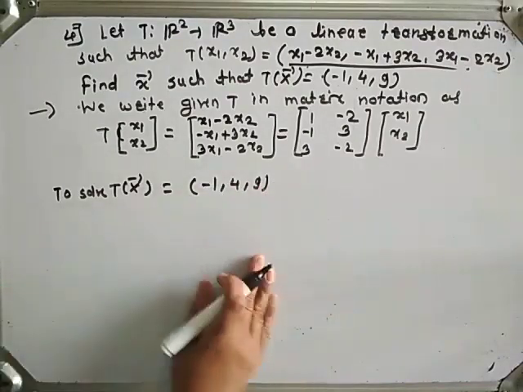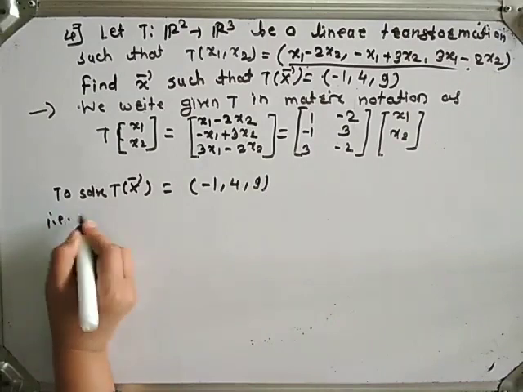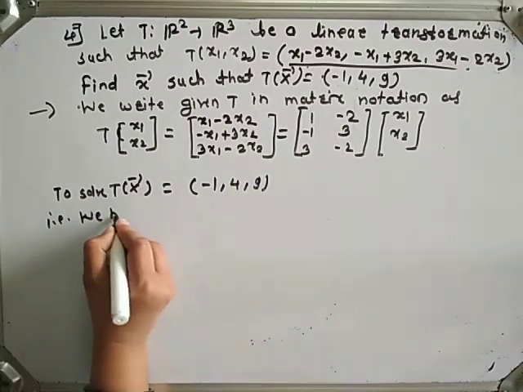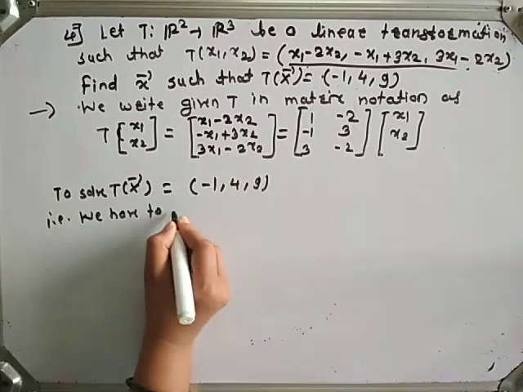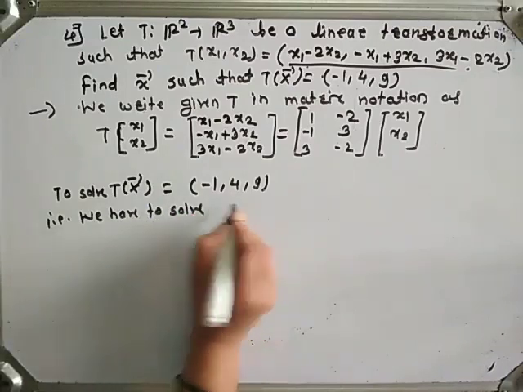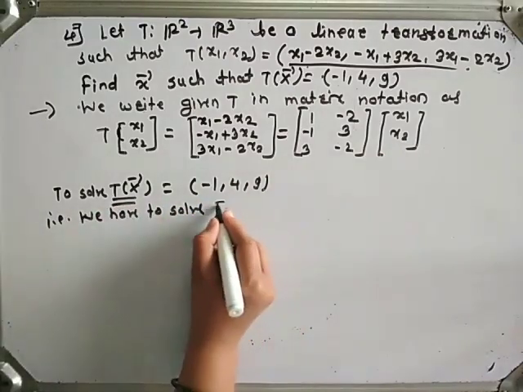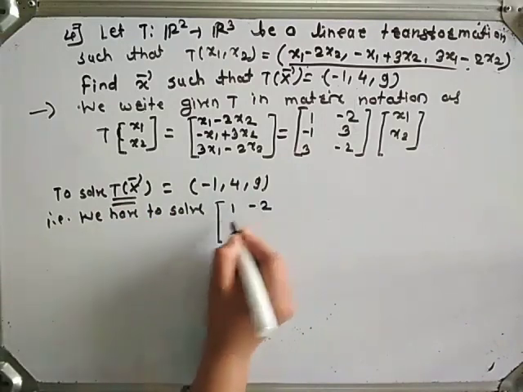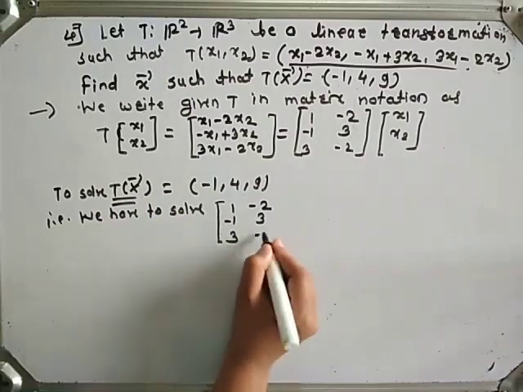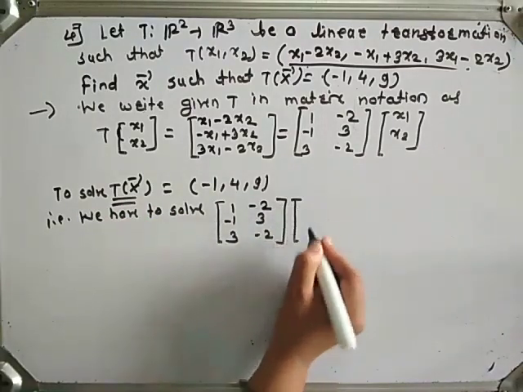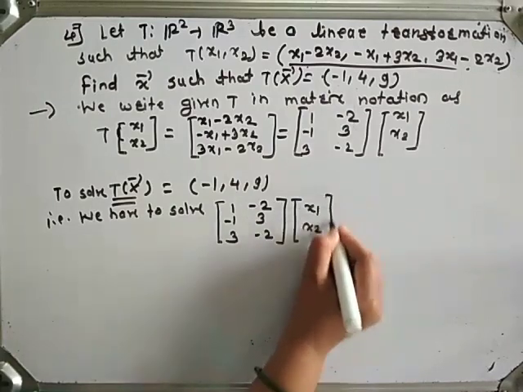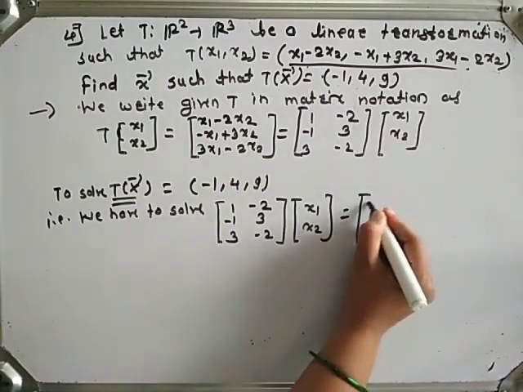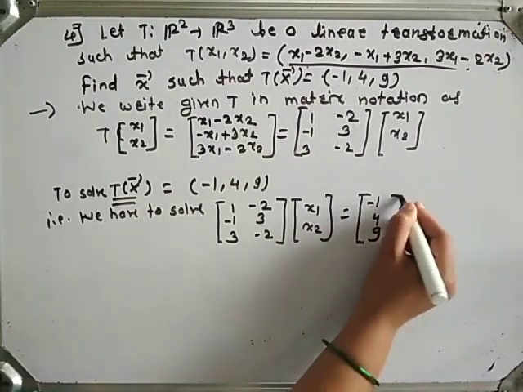Okay, that is we have to solve 1 minus 2 minus 1, 3, 3 minus 2 into x1, x2 is equals to matrix minus 1, 4, 9.